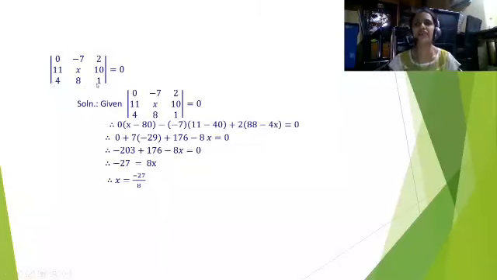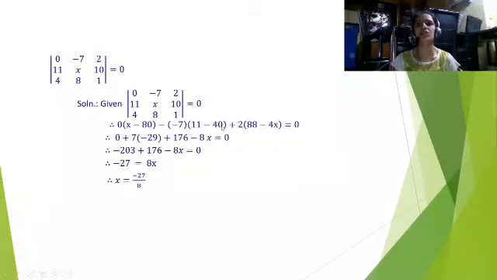Now I have written a 3 by 3 determinant, and this side it is equal to 0. It is not difficult. Instead of numbers you are having x, but the expansion method remains the same. So what you have to do, along the first row you have to expand: 0 into x minus 10 into 8, that is 80, x minus 80, minus 7 into 11 minus 40, plus 2 into 88 minus 4x is equal to 0. Now 0 into anything is 0.